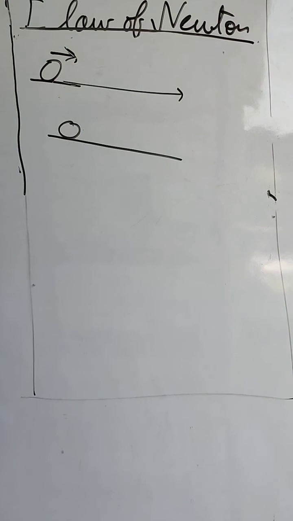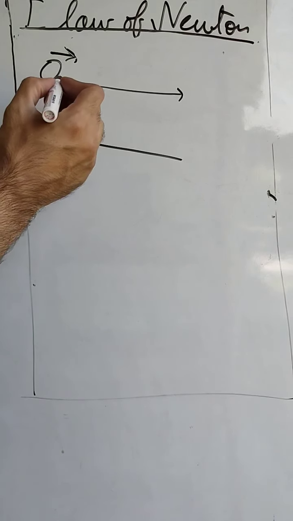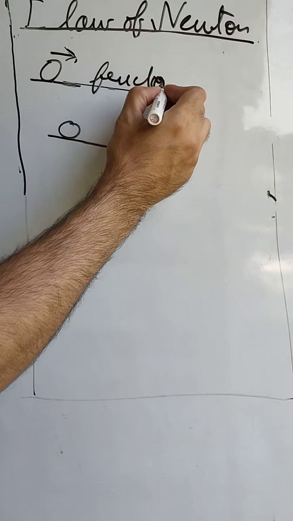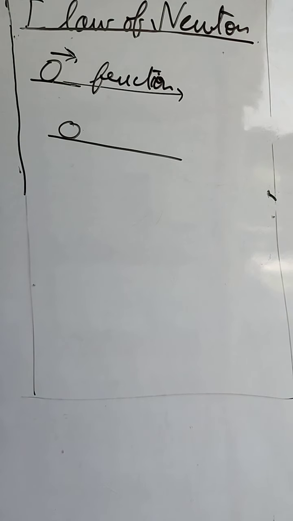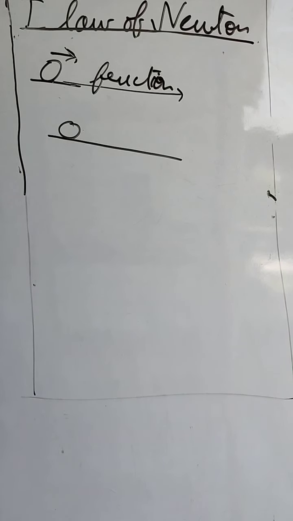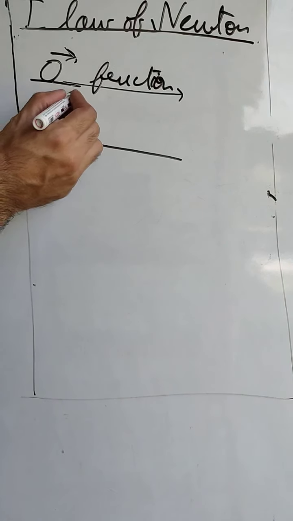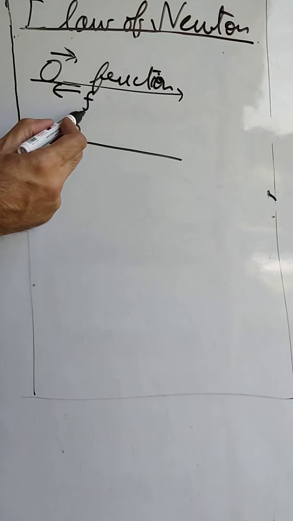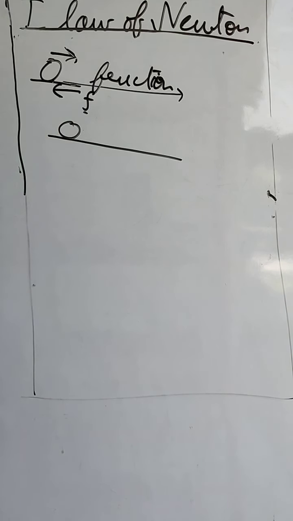The most prominent, the most noticed force is the force of friction. While moving, the body will face a force of friction. Now we know that friction is always in the opposite direction of motion. So this friction force will be in this direction. Now this is an external force. When this external force is applied on this body, it will slowly reduce the speed of the body till it comes to rest.